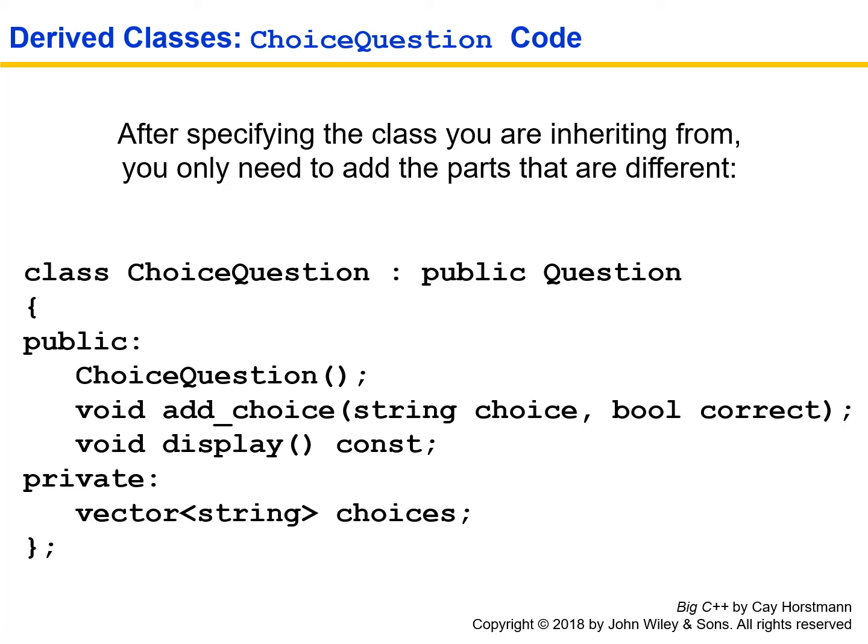And then we have display. We're going to override the display function from Question, so we have to redeclare the display function here. Then in our private data, we would add a vector of strings called choices.